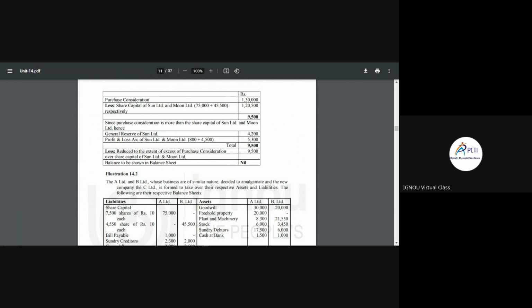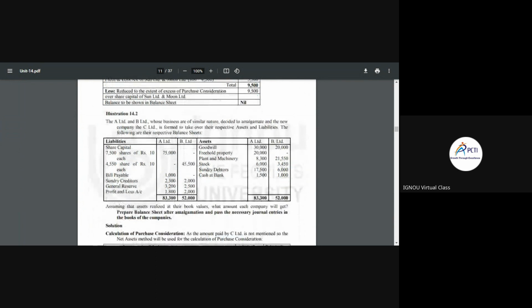So the total will be 9,500. Then we deduct the amount reduced to the extent of excess of purchase consideration over share capital of Sun Limited and Moon Limited. So the balance to be shown in the balance sheet will be nil.